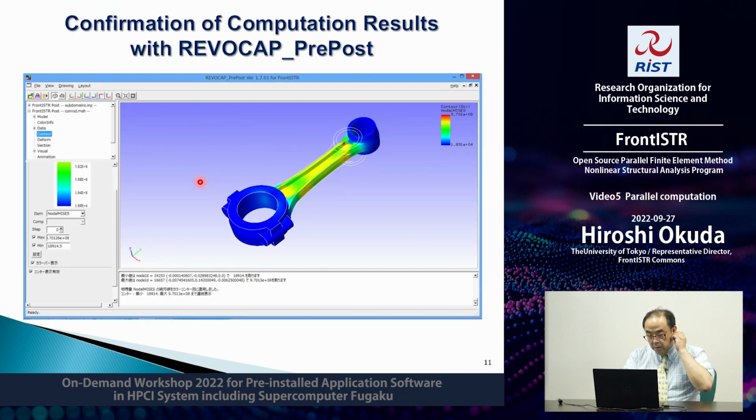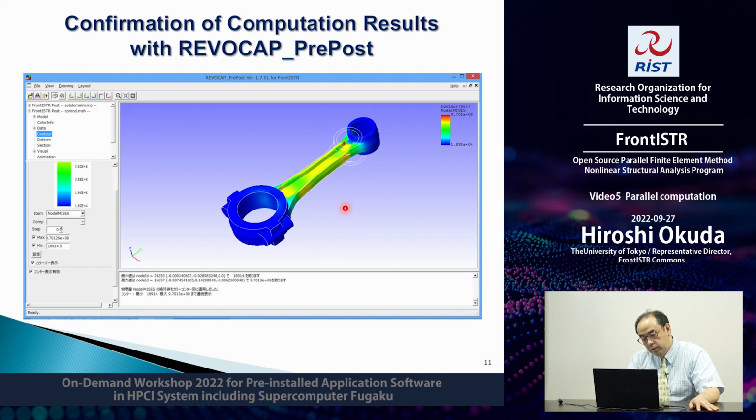Yes, once you have done the parallel computation, this is one example of using REVOCAP PrePost. You read the computational results, and the stress distribution is shown like this.